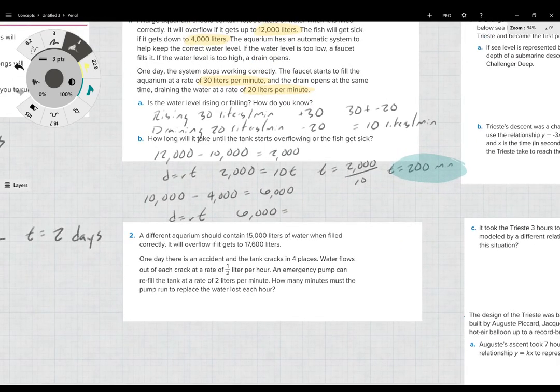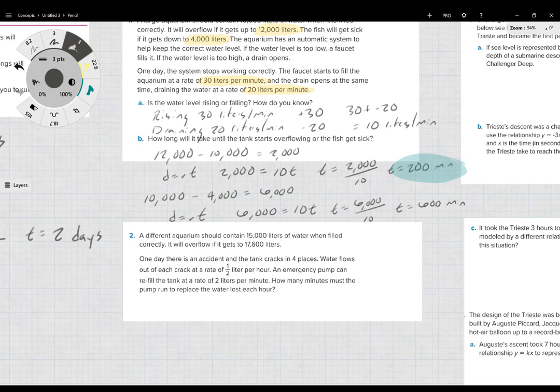Equals 10 liters multiplied by time. If I do the division, the time equals 6,000 divided by 10. The time equals 600 minutes.